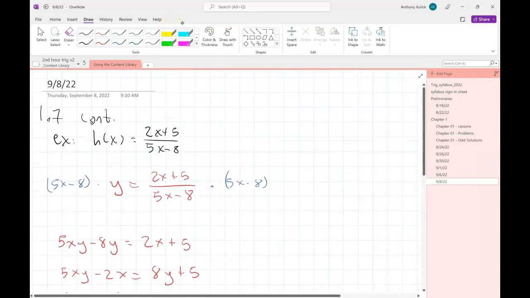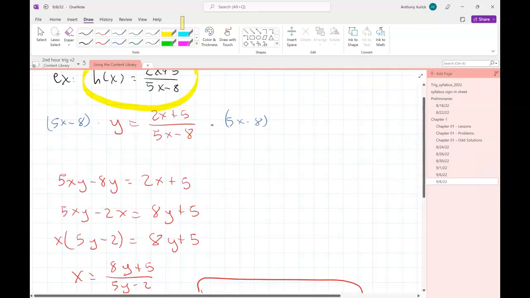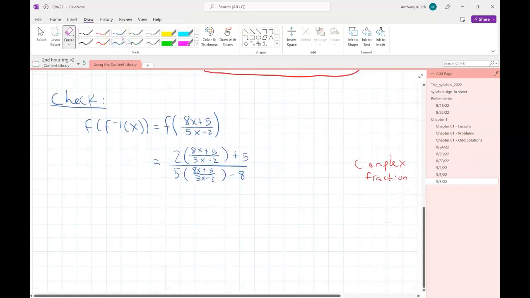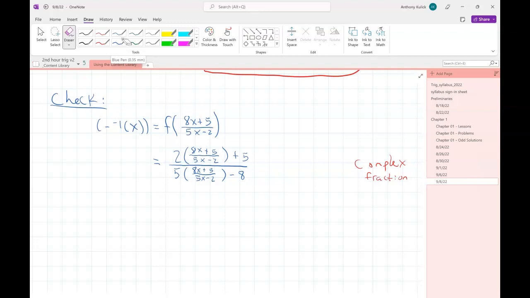So my function here is 2x plus 5 over 5x minus 8. That's what I'm plugging into. You put the inverse into the original, exactly. And I guess I should really call these h's, huh? That's what I called it before. Let's not confuse anyone. There we go. That's probably a little clearer.